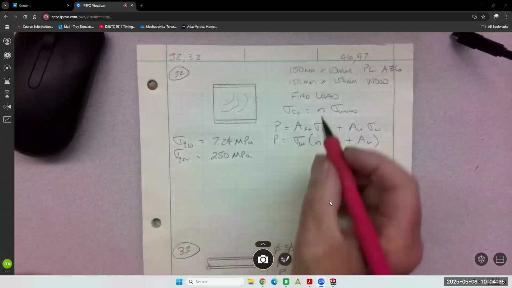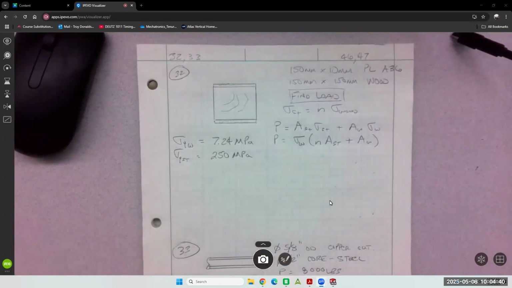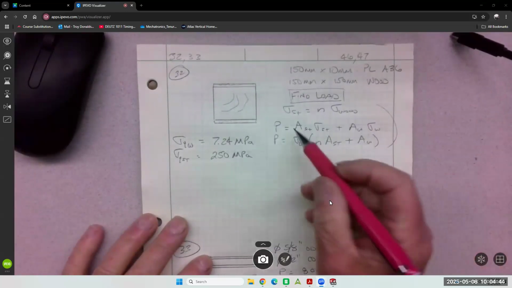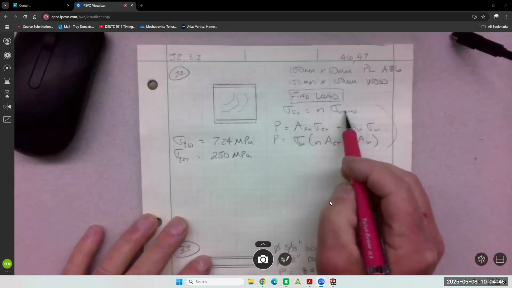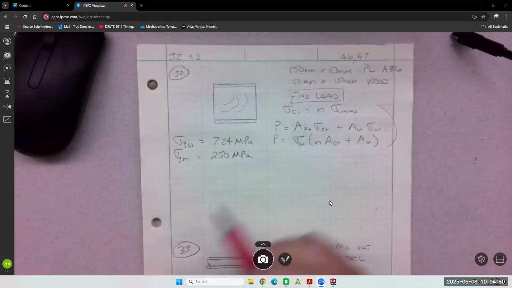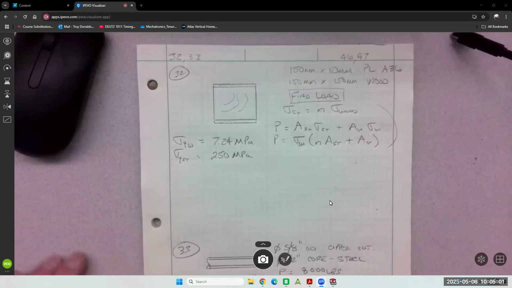They want us to find the load, how much it can carry. So we have three formulas: the relationship between the two stresses, and then the modular ratio, which is EA over EB, the stronger modulus of elasticity over the weaker modulus of elasticity.